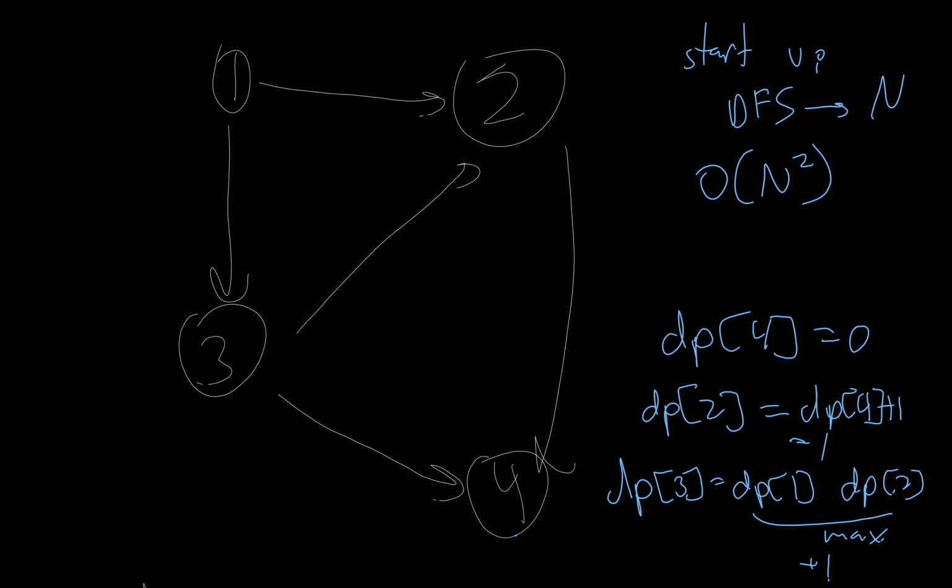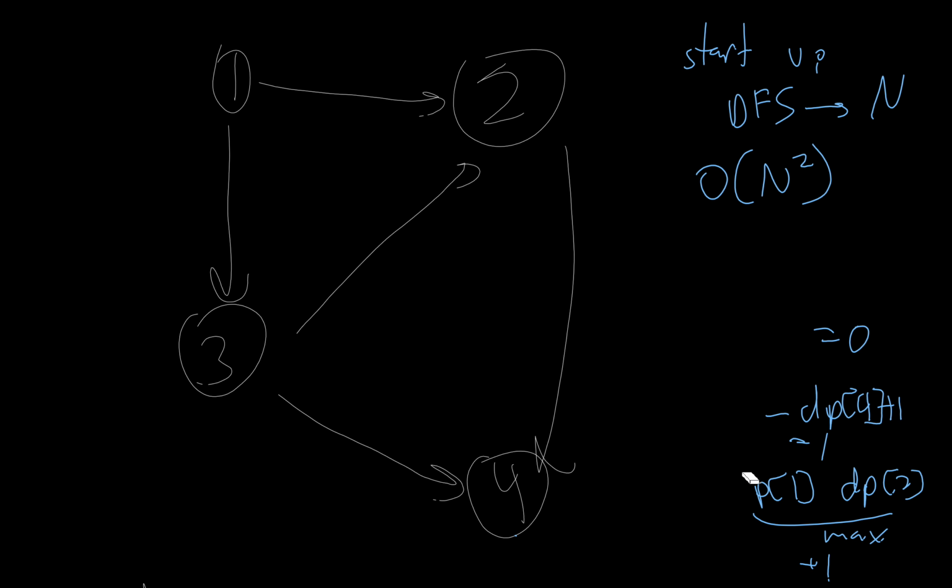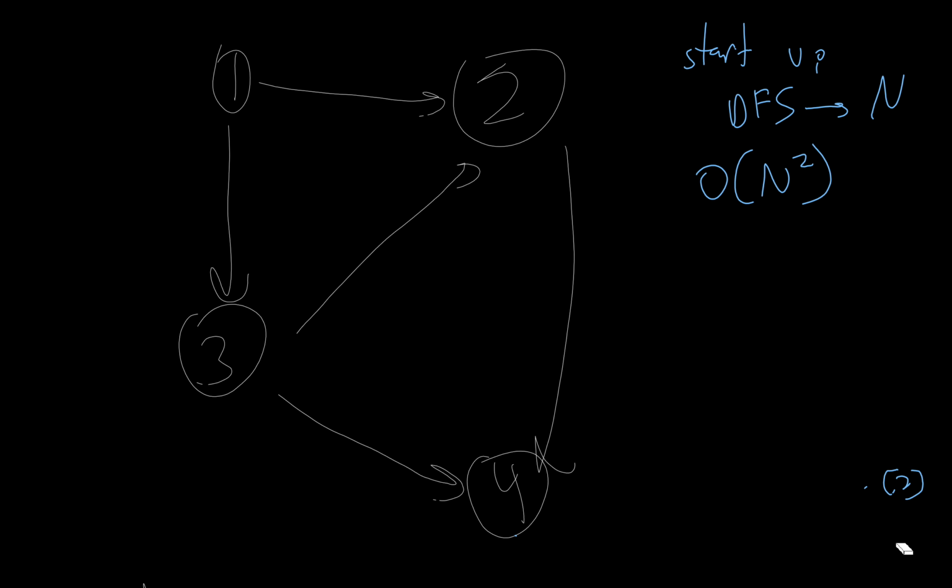So I think you can see how we can deal with this, all right? Essentially all we have to do is a DFS, and every time we calculate the value for a node, we store that in DP, right?